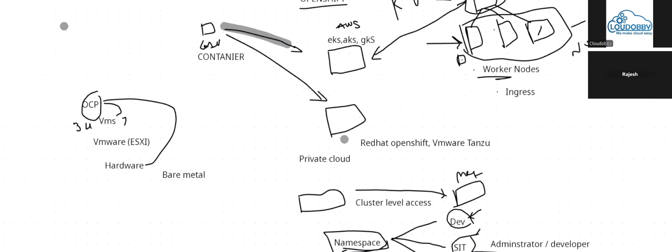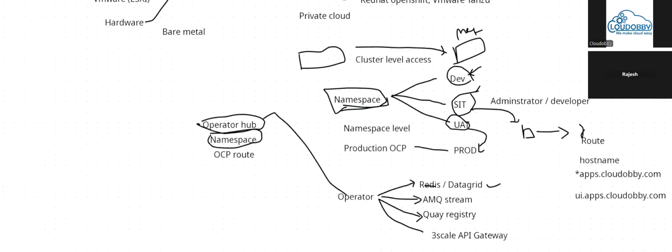Then for outside traffic, you will expose it either as a node port or a load balancer. Basically, there are two ways to expose. Node port is any worker node port you can use. A load balancer is a separate load balancer.